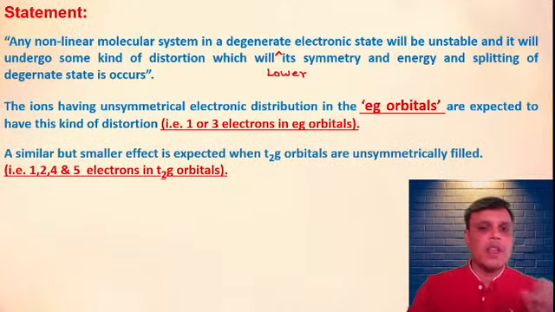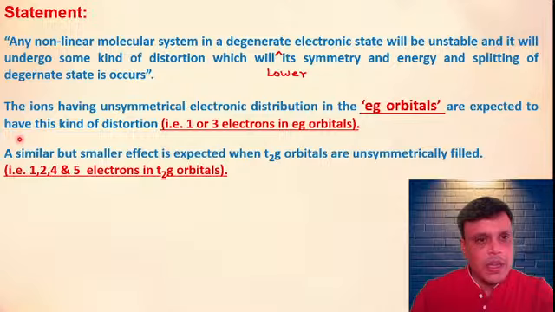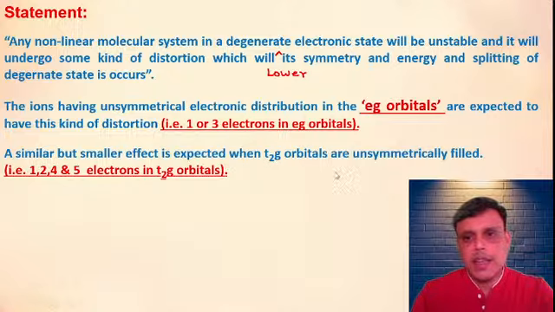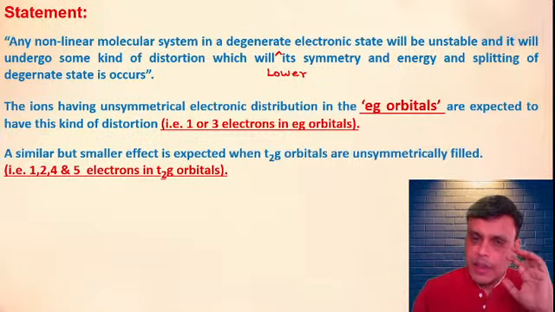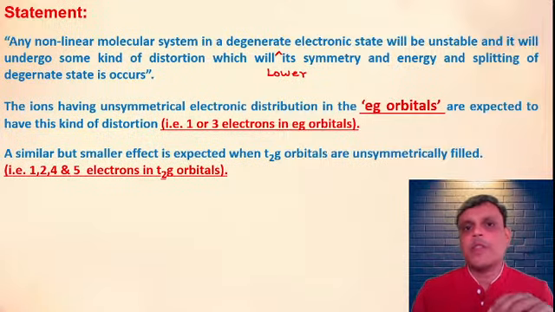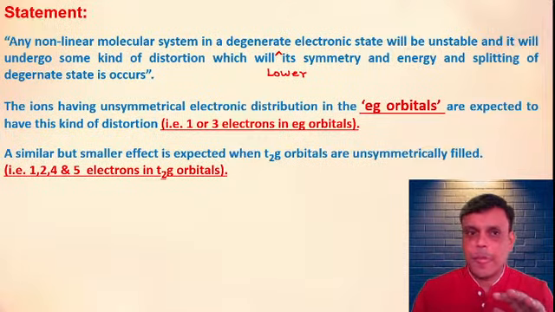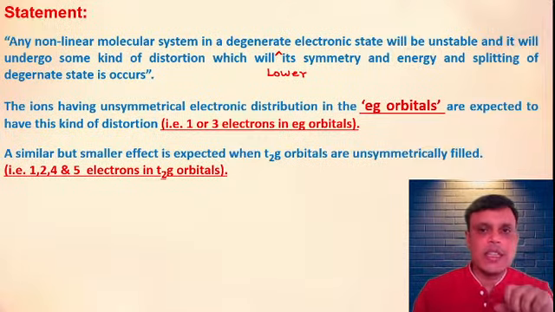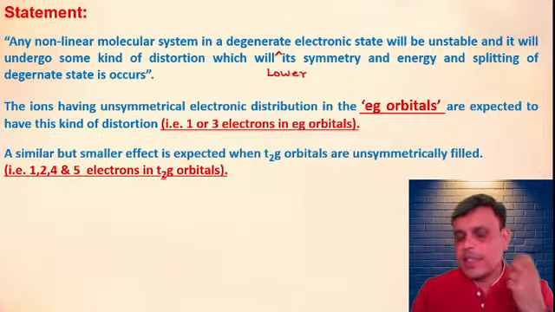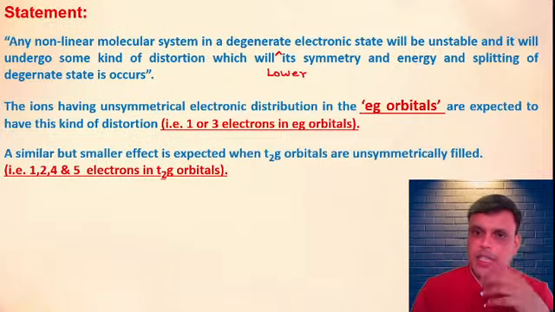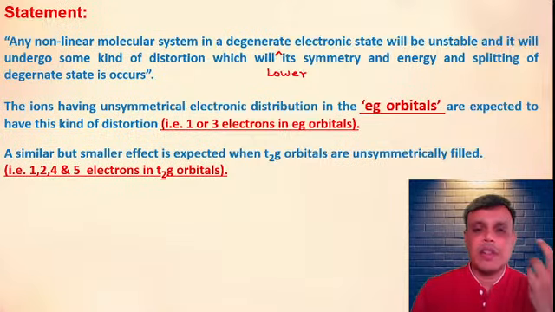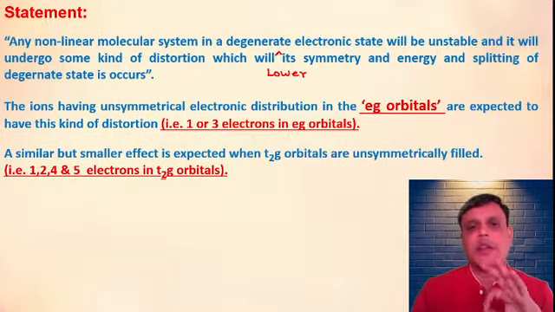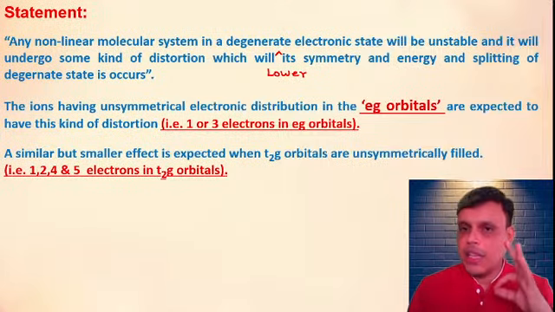Then the third point is: a similar but smaller effect is expected when T2g orbitals are unsymmetrically filled. What about T2g? If T2g also has unsymmetrically filled electrons, then Jahn-Teller distortion happens there too, but its intensity and magnitude are less than Eg. It's not that Jahn-Teller distortion does not occur with unsymmetrical T2g filling, but its magnitude is less as compared to the Eg orbital.